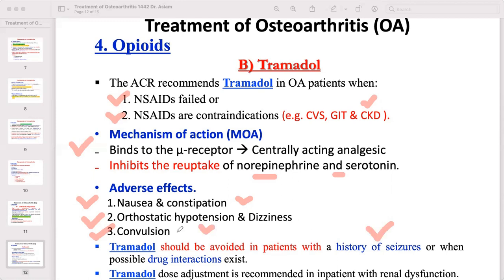So it will synergize the effect of seizure in a patient which is having the history of seizures, so should be avoided. Tramadol dose adjustment is recommended in a patient with renal dysfunction, because in the patient with the renal dysfunction, the excretion of drug is affected because tramadol is totally excreted by the kidney.